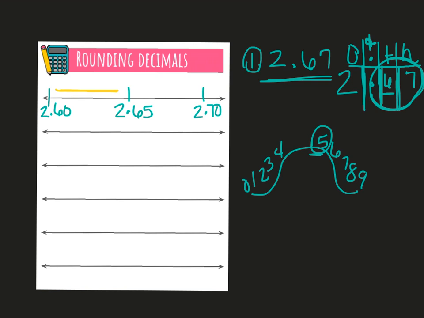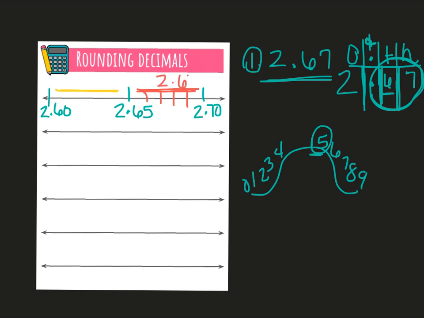Or does it land between 2 and 65 and 2 and 70? If I have 65, then it's 66, 67, 68, 69. So 2 and 67 lands between 2 and 65 and 2 and 70.